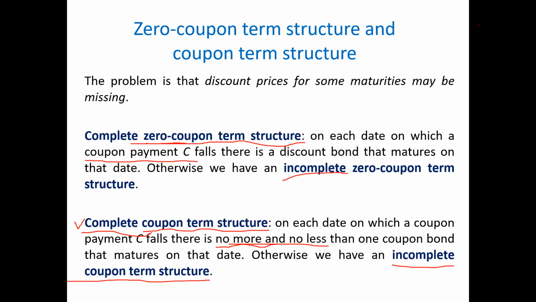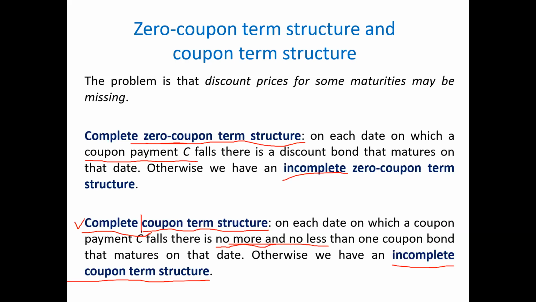However, if we go to the long end of the term structure, then the term structure is incomplete because for coupons which will fall in 50 or 55 years, there are no strips which are traded in the markets. Something like that.